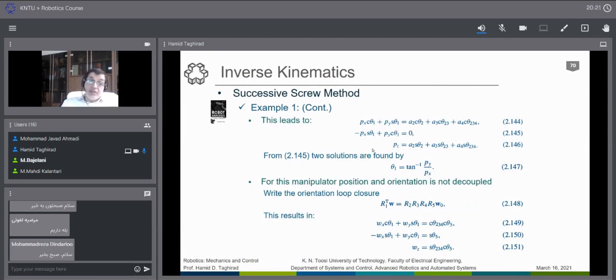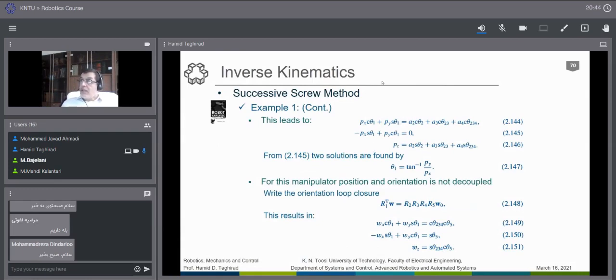And here we have two solutions, since we are not using a tan 2, we're just using one simple equation. We reach two solutions here, and these two solutions mean that the positioning could be with 180 degree difference in terms of the theta 1.